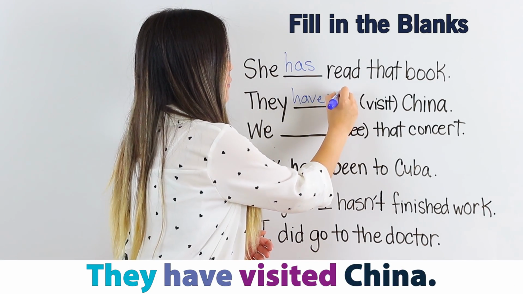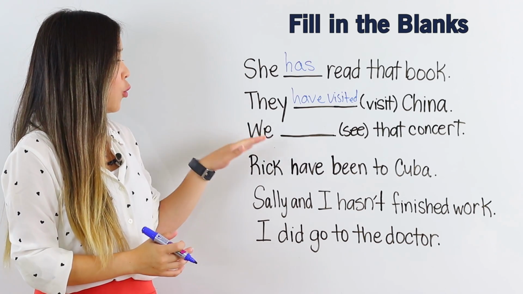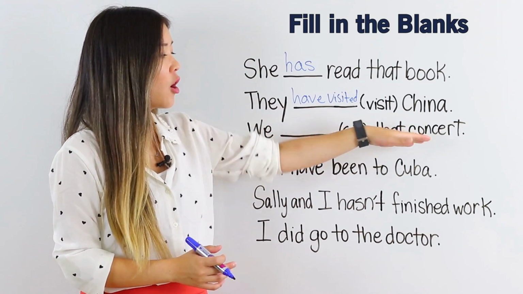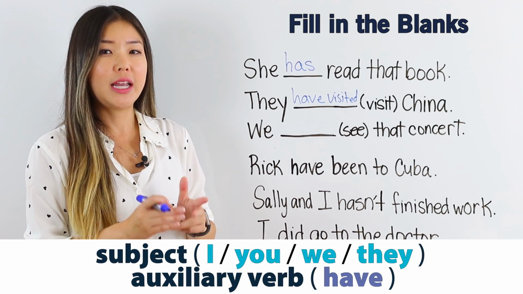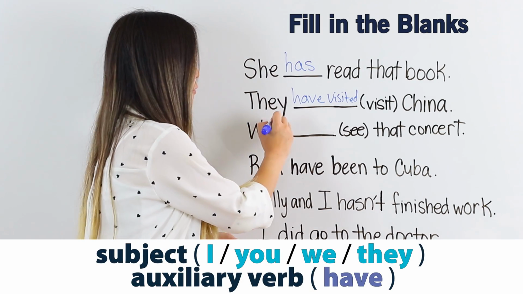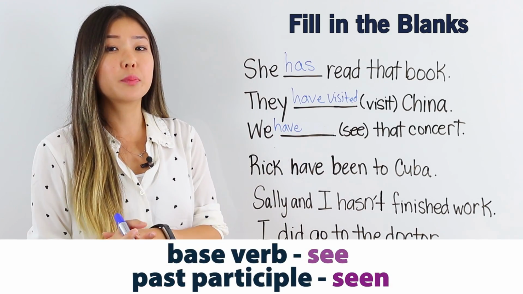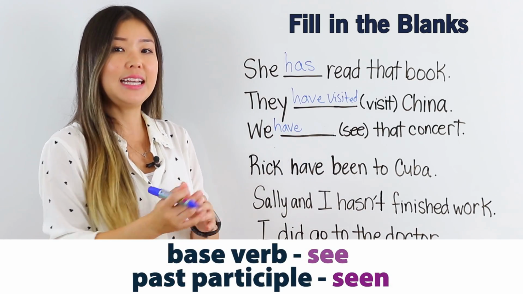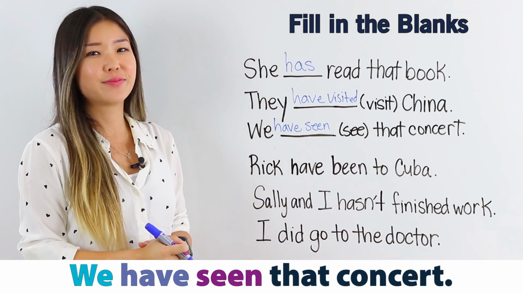They have visited China. Next, "We blank see that concert." Again, for I, you, we, and they, we use have. We have. Now, the past participle of see is seen. We have seen that concert.